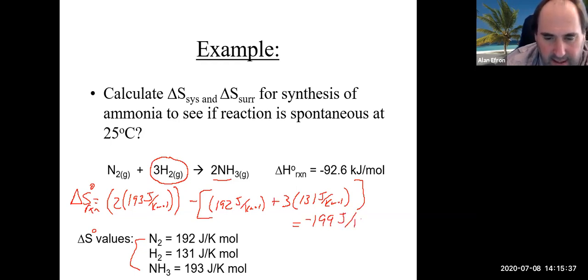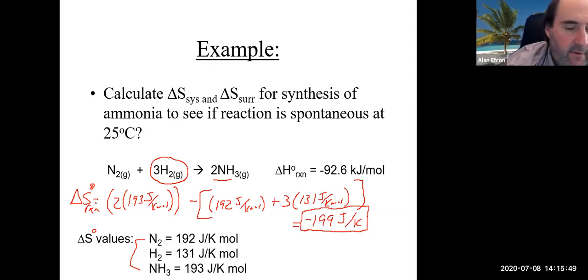Again, you could keep the Kelvin there if you want. Again, the moles would most likely cancel out. Now, we do end up with a negative number here for our delta S of our reaction. And again, we could see if that does make sense based on the reaction. Based on the reaction here, we have 4 gas molecules, and we're ending up with 2 gas molecules.